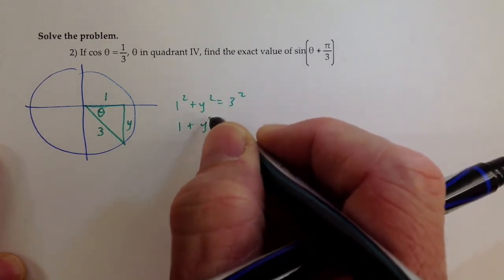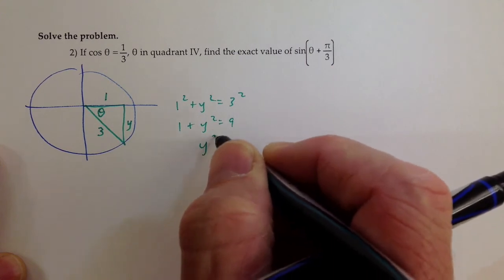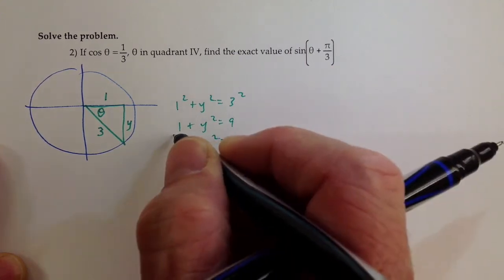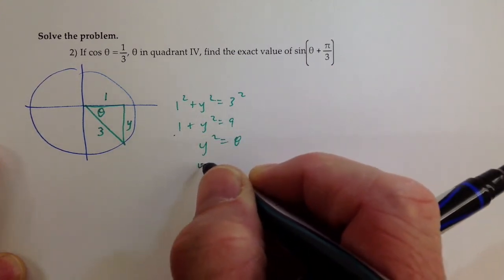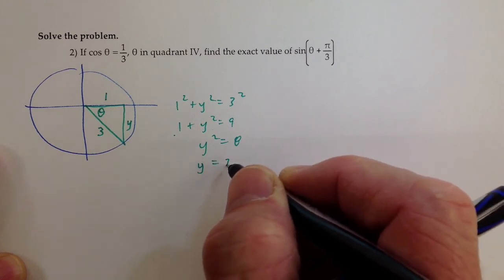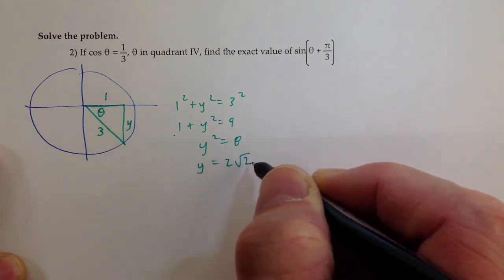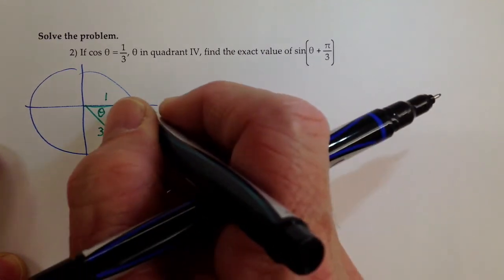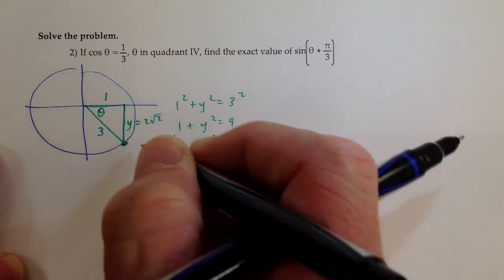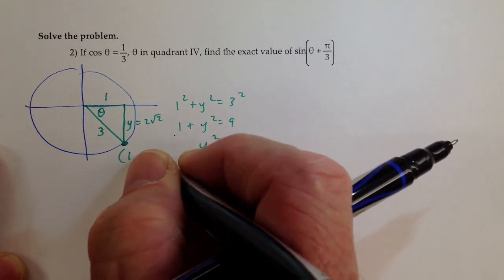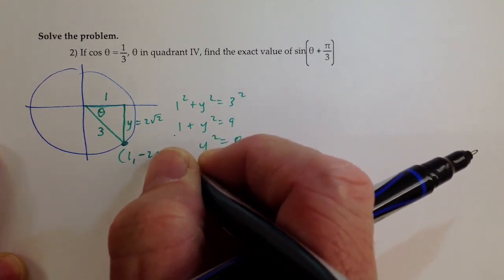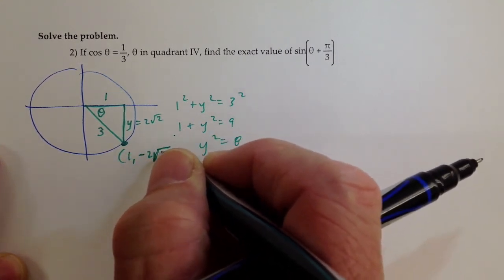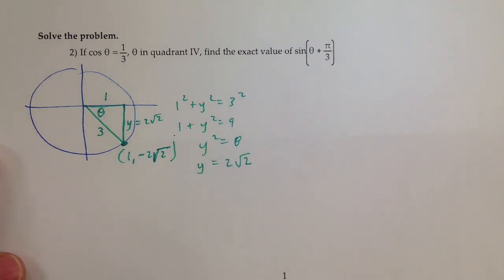So 1 plus y squared equals 9, y squared equals 8, subtracting 1 from both sides. Taking the square root, we get y equals the square root of 8, which is 2 radical 2. So 2 radical 2 is the length of this side, but the coordinates here are 1 comma negative 2 radical 2.